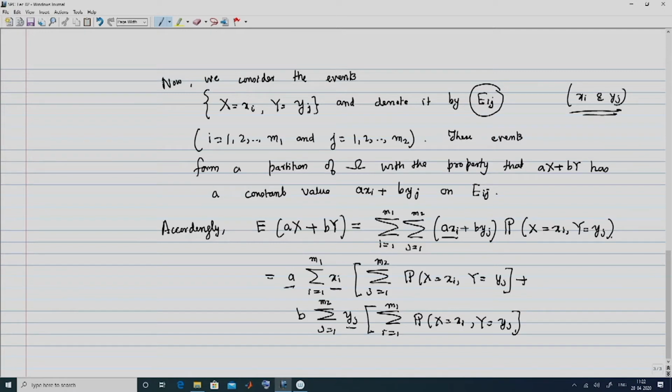Here I am considering the x_i terms, and here the y_j terms. The summation here goes from i equal to 1 to m1 and j equal to 1 to m2, and here it is the other way around.